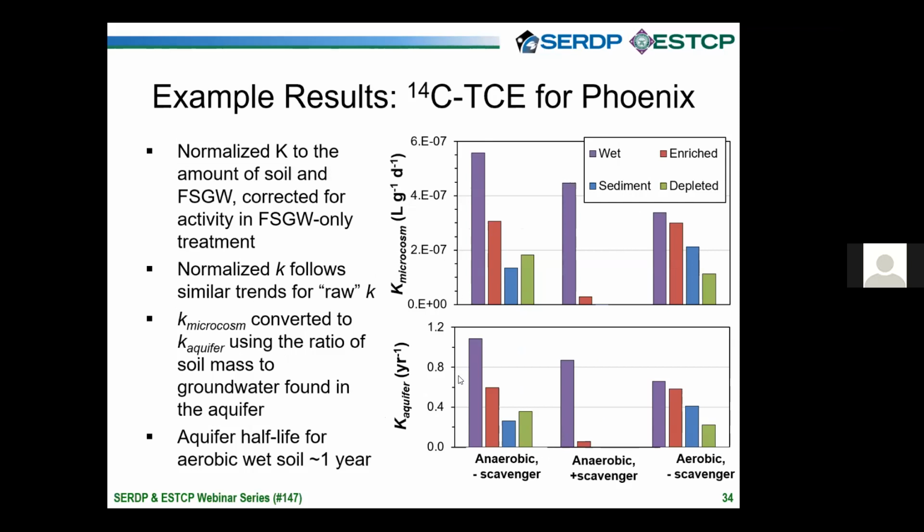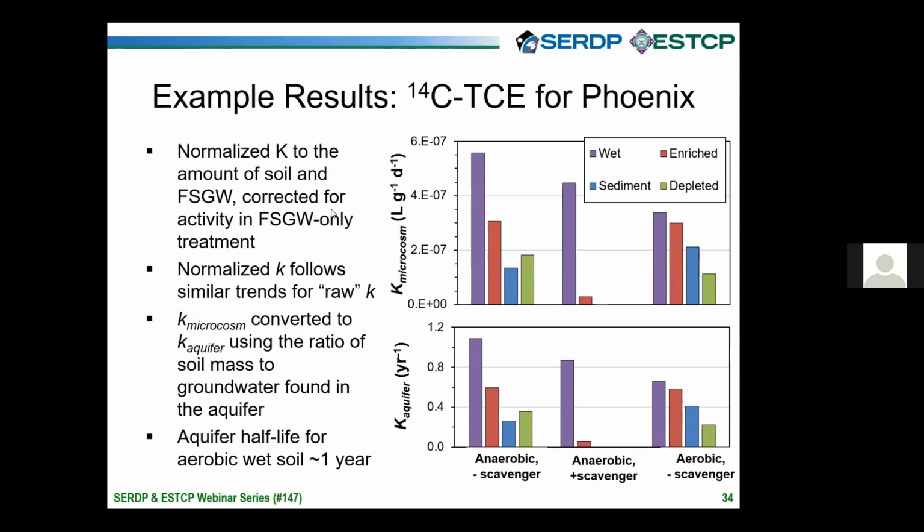So we've normalized it to the volume of water and the mass of soil that's present in the bottles. And then below that, we show a first order rate constant that's relevant to the aquifer. Okay, and the same treatments: anaerobic without a scavenger, anaerobic with a scavenger, and aerobic without the scavenger. So what these results show is that the normalized first order rate constant is normalized to the amount of soil and groundwater in the bottles.